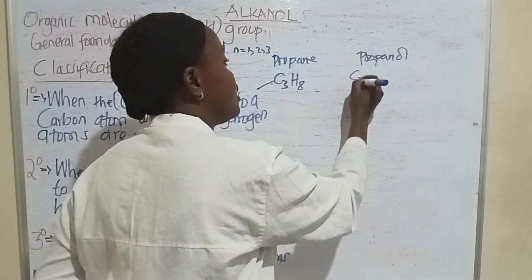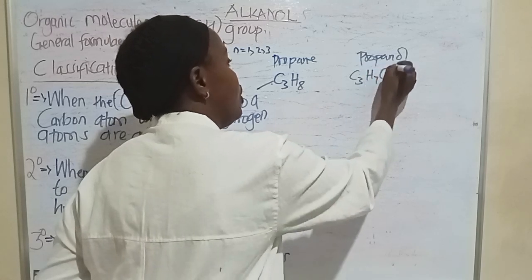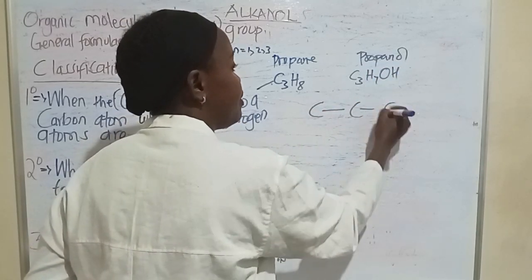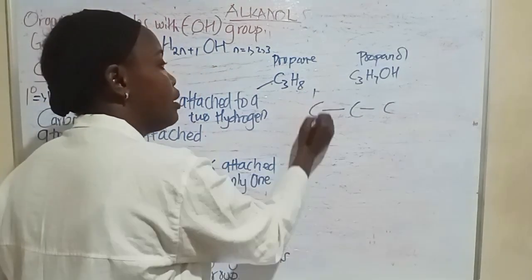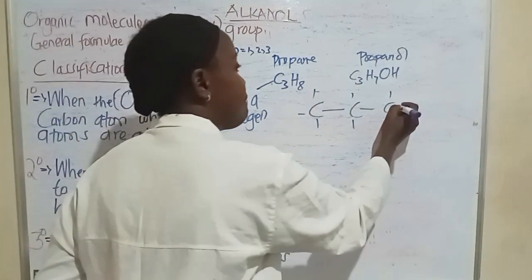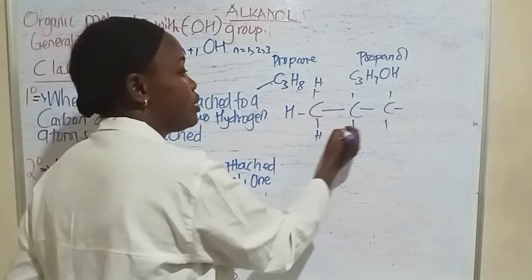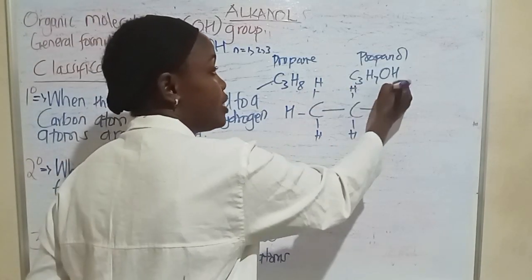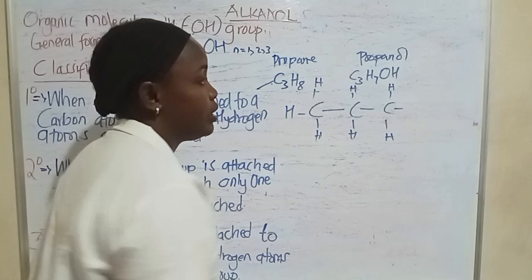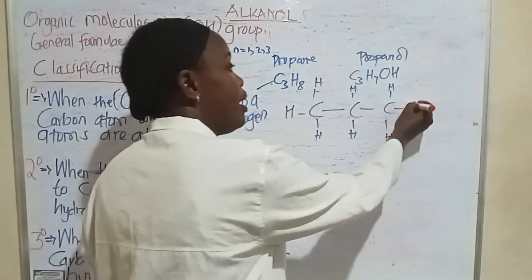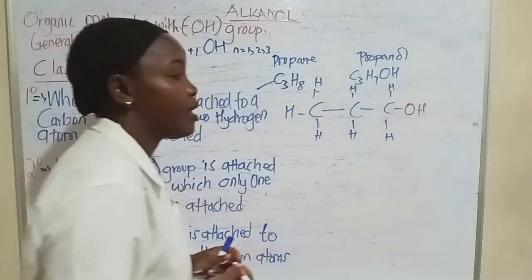It's going to be C3H7OH. So we have 3 carbon atoms, and then 1, 2, 3, 4, 5, 6, 7 hydrogen atoms, and then we are going to have our hydroxyl group there.